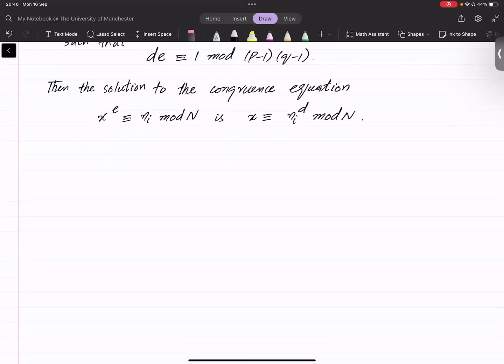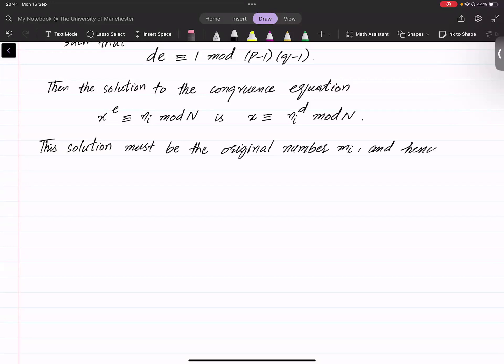And of course, this solution must be the original number Mi, and hence we recover the original message M1 to Mk.